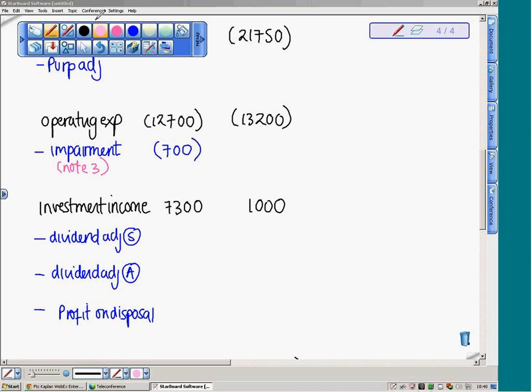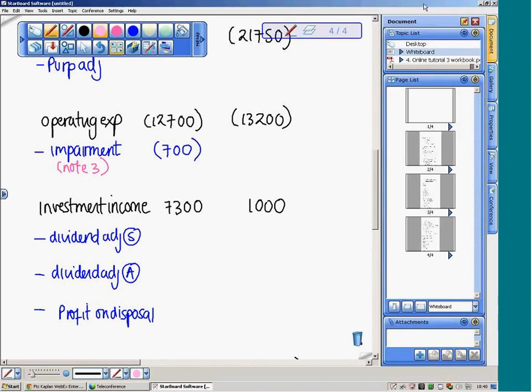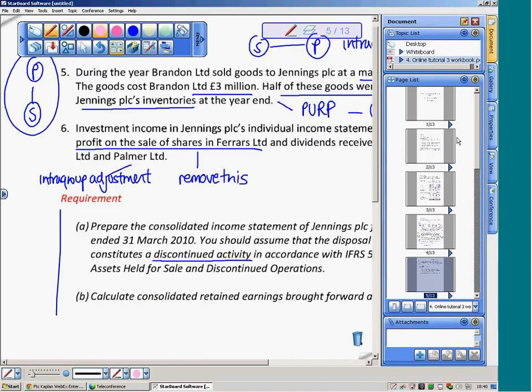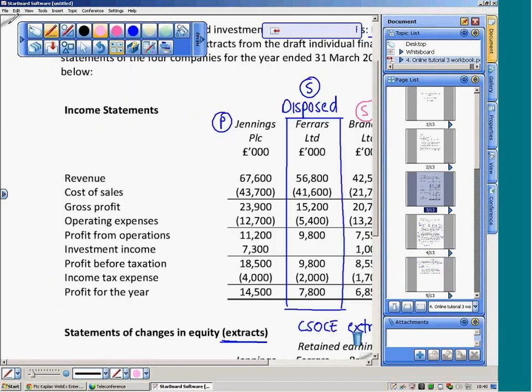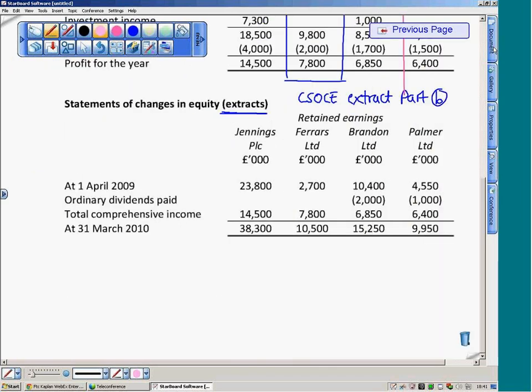So if we look back on the first page, what they tell me in the extract, so let's just bring that up so you can see exactly what I mean. Okay, we bring the question, extract, they give me the dividends that have been paid by those respective entities. What I can do is work out the amount that the parent would have received.